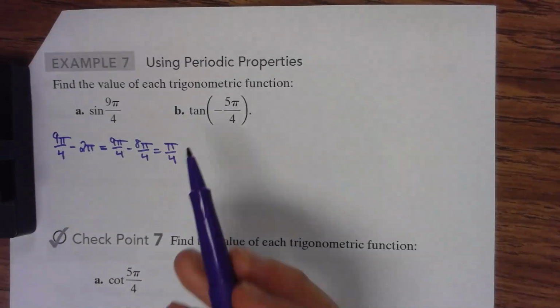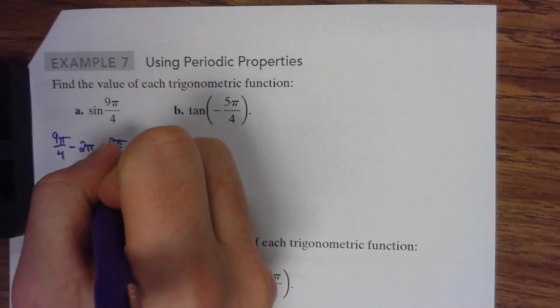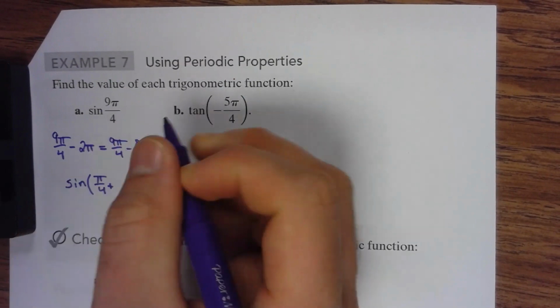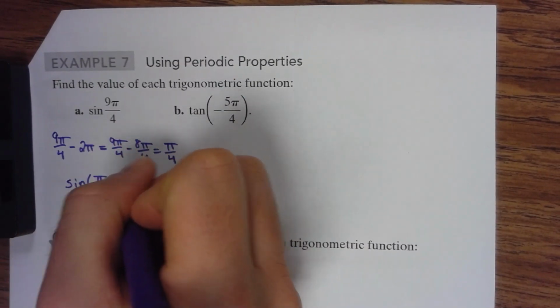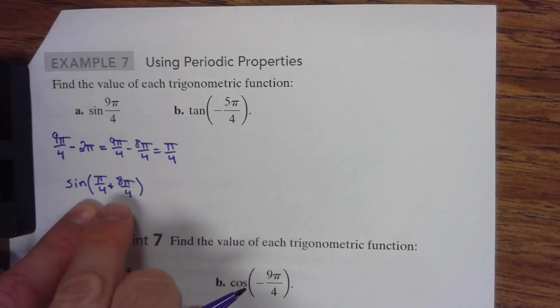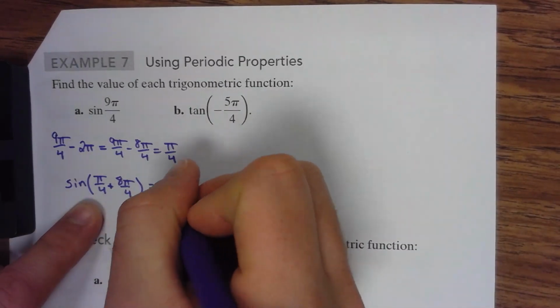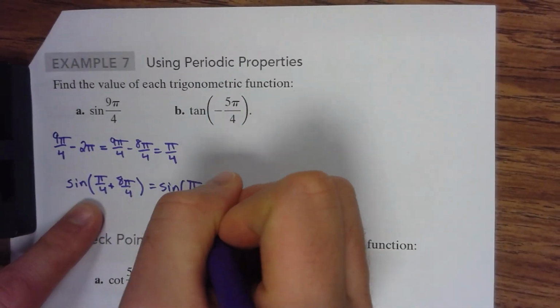In the property, what you're going to see this written as is sine of pi over 4 plus 8 pi over 4, which is still 9 pi over 4, is equal to just sine of pi over 4 because of those being coterminal angles.